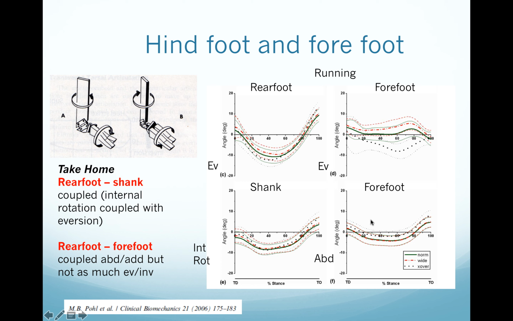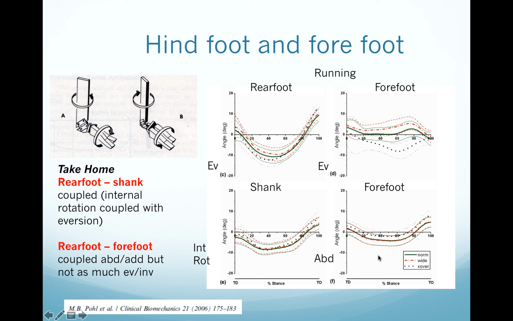But if we look at motion around the oblique axis down here in the bottom right, there's an almost exact imprint of the joint angles, suggesting that the motion in abduction and dorsiflexion would be occurring here as the shank internally rotates, and then adduction and plantar flexion would be occurring here as the shank externally rotates.